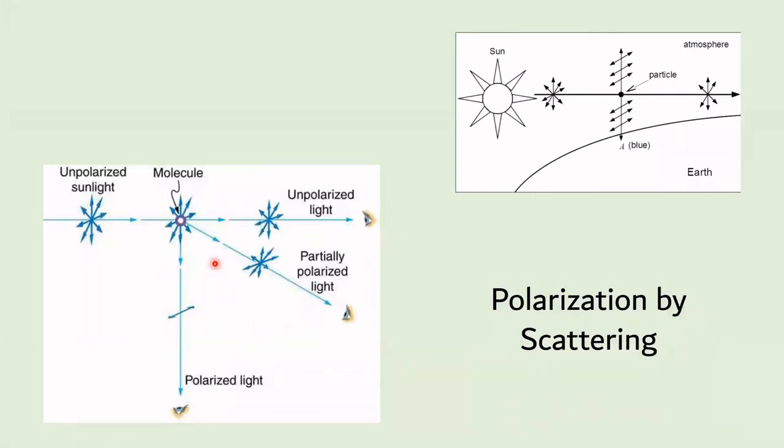So all you have to do now is imagine light from the sun. This is unpolarized light they're showing us, impinging on an individual atom in the atmosphere of the Earth. And we know that the electric fields force the charge of the atom to oscillate in the same direction. And this is a classical picture.